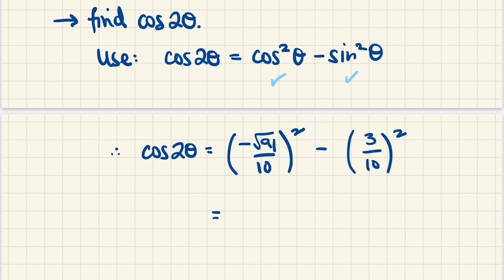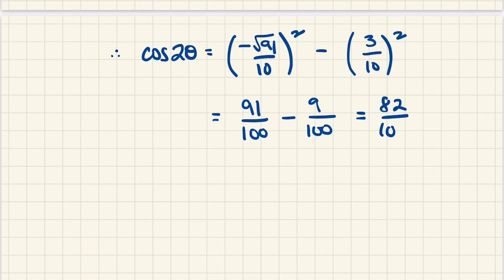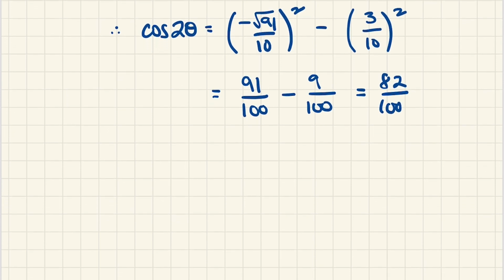Square root of 91 squared is, of course, 91 over 100 minus 9 over 100. And 91 minus 9 is 82 over 100. But this reduces to 41/50. So cosine of 2 theta is 41/50.